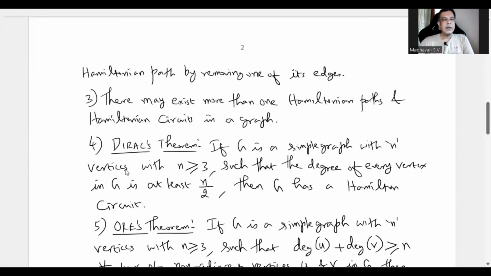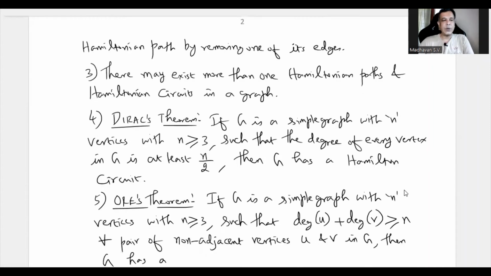And then Dirac's theorem, what is that? If G is a simple graph with n vertices, where n is greater than or equal to 3, such that the degree of each vertex in G is at least n/2, then G has a Hamiltonian circuit.